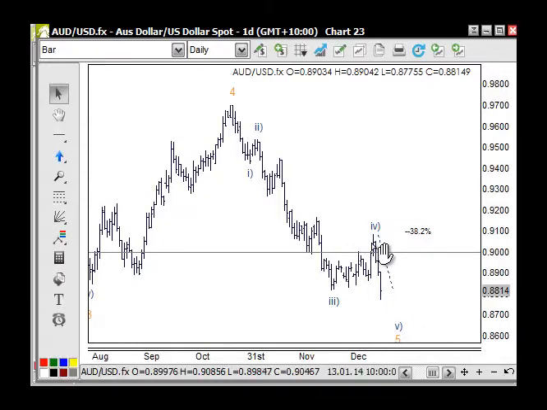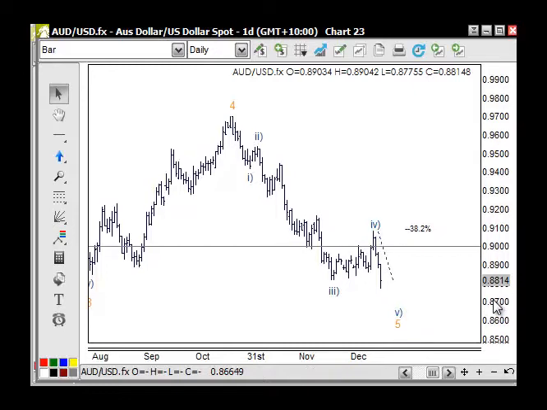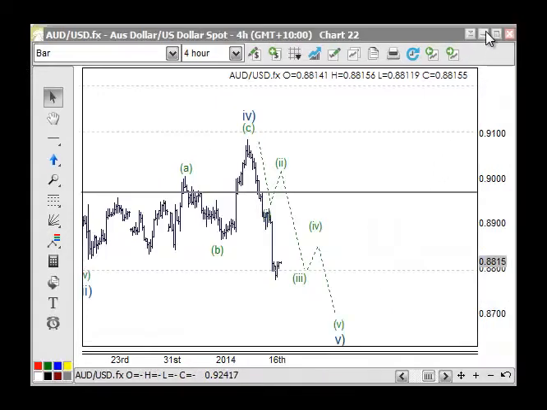There's 2 counts on this little structure down through here, which should be in 5 waves. So we're going from the blue wave and we're down to the blue wave here for wave 5, but there will be 5 waves in this. So the next smaller degree here is the green labeling, and this is what we're looking for.